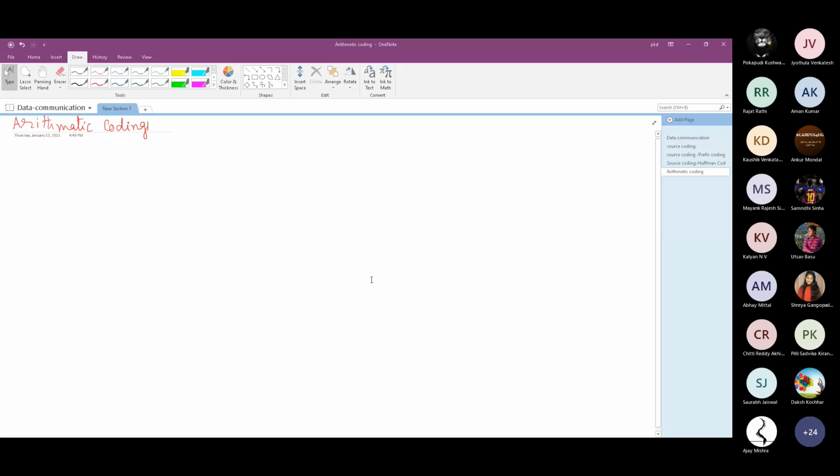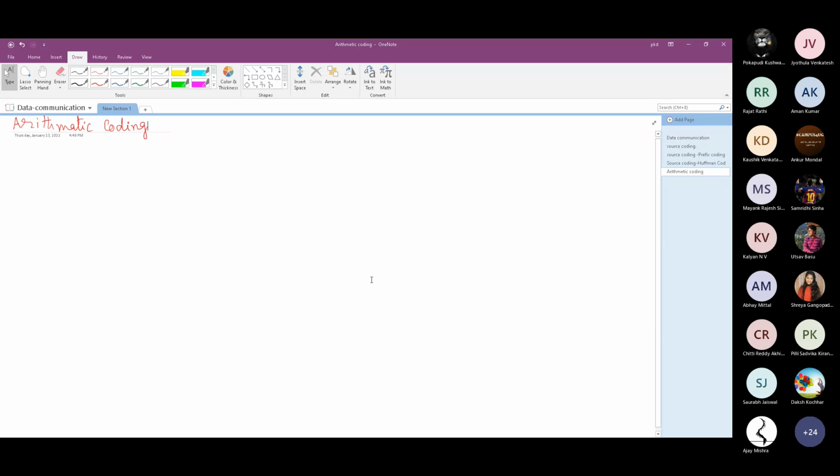Good afternoon, everybody. We will continue our discussion on source coding. There are many kinds of source coding that are used for various kinds of data, depending on the types of data. So we will discuss just a few, maybe some classical ones like Huffman, which we have discussed.